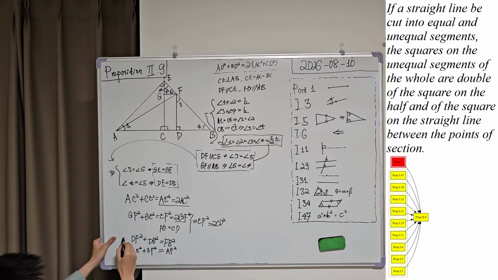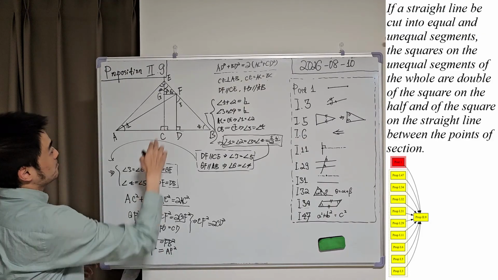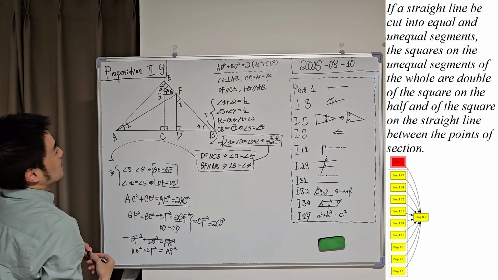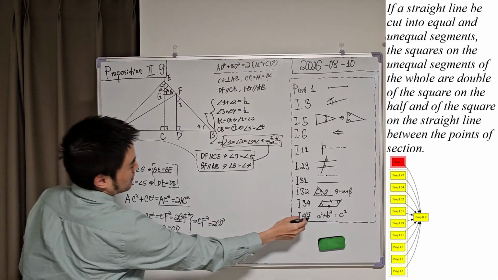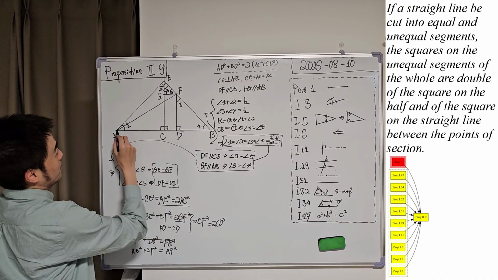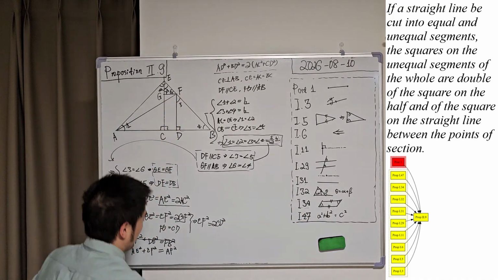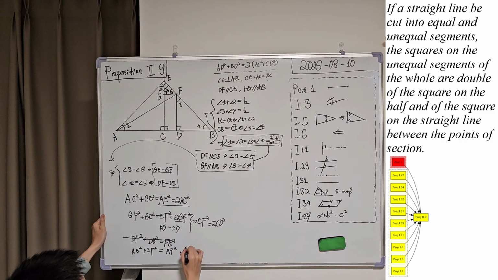Oh, I'm sorry, this is not necessary. AF square. Great. And if we apply this theorem again in this triangle ADF, what we have is that AD square plus DF square will be equal to AF square, correct?